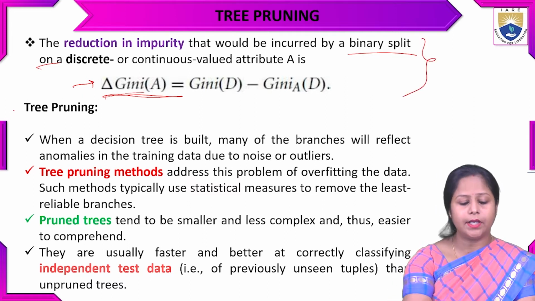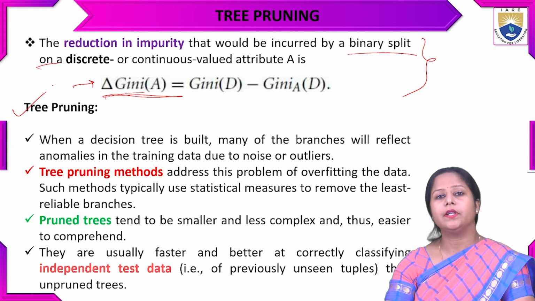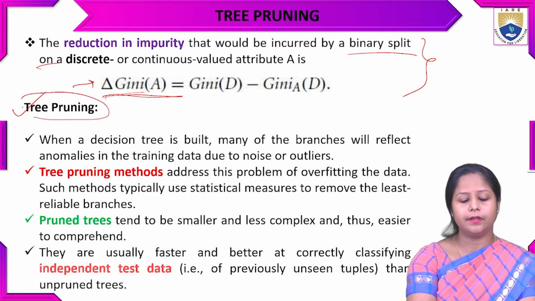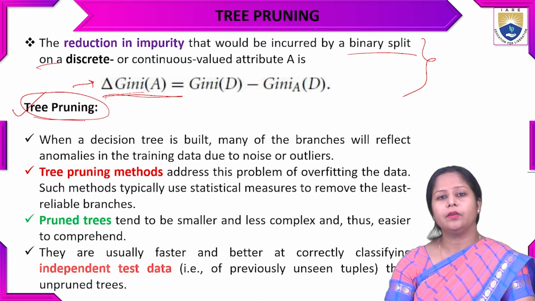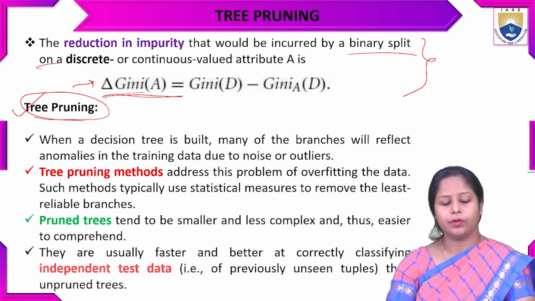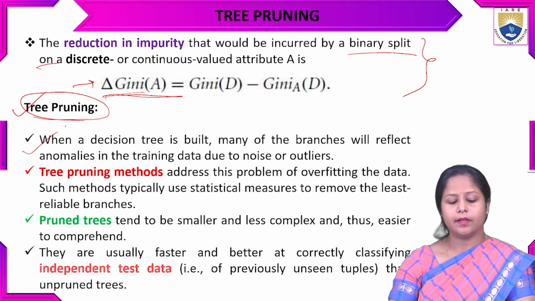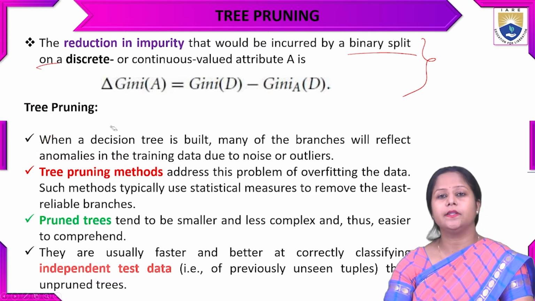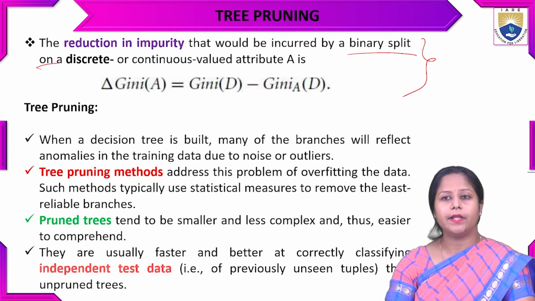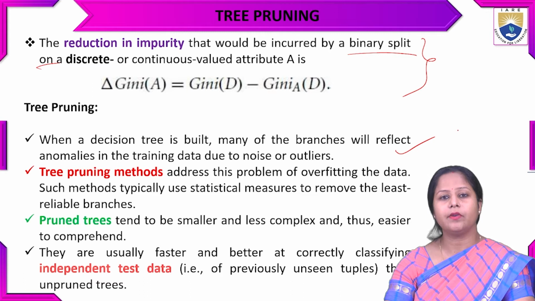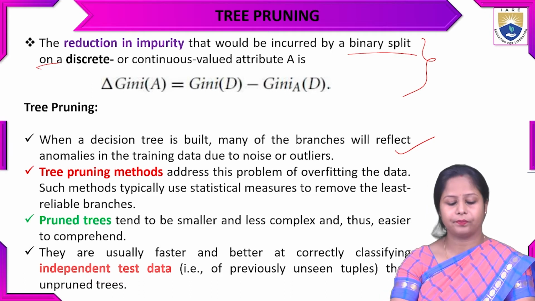Another method is tree pruning. What is tree pruning in a decision tree? For tree pruning, we remove the branches which are not according to our selected attribute. When a decision tree is built, many of the branches will reflect anomalies in the training data due to noise or outliers.